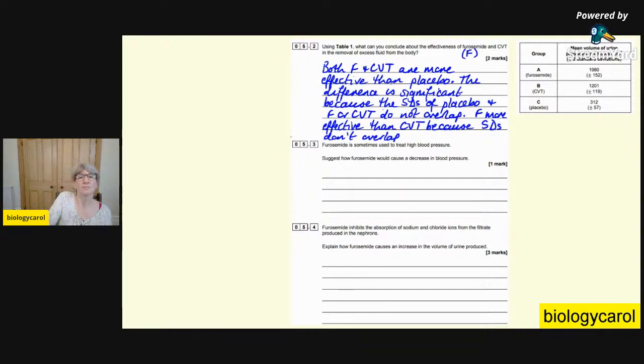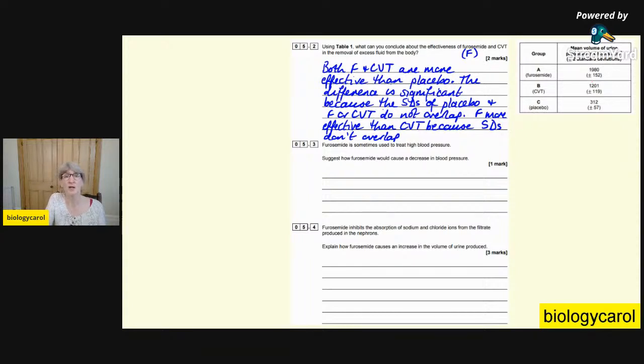So here it is. I noticed from this that not only are both the drugs significantly better than placebo because the standard deviations don't overlap, also furosemide is significantly better than CVT because these standard deviations don't overlap. And I must admit, I felt like I was writing an awful lot for 2 marks.